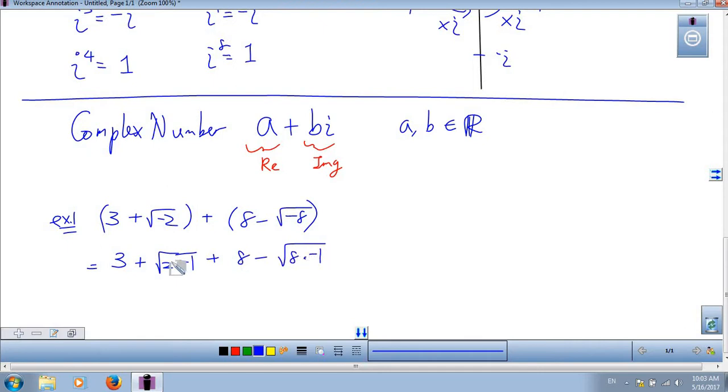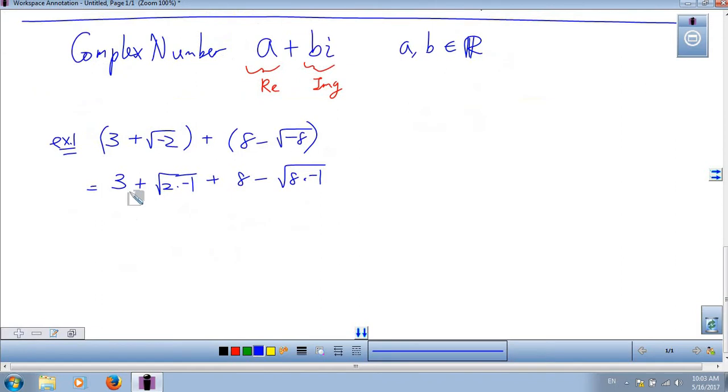So you factor out that negative 1, and you remember the square root of negative 1 equals i, so this becomes simply square root 2 i. Sometimes we put the i in front of the square root of 2, so we don't get confused whether the i is inside or outside the square root. This one will be i square root 8.